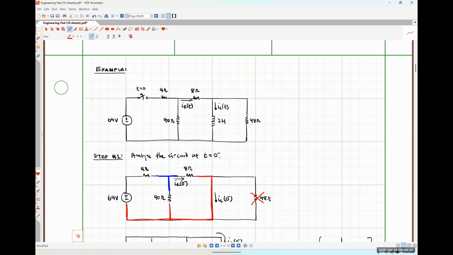And using KVL, we could then say that the voltage drop across the inductor must also be exponentially decaying. So essentially, if our energy storage element, either an inductor or a capacitor, is behaving with that exponentially decaying response, everything else in the circuit will also have either an exponentially decaying response or a DC value. There will be no other options, okay?